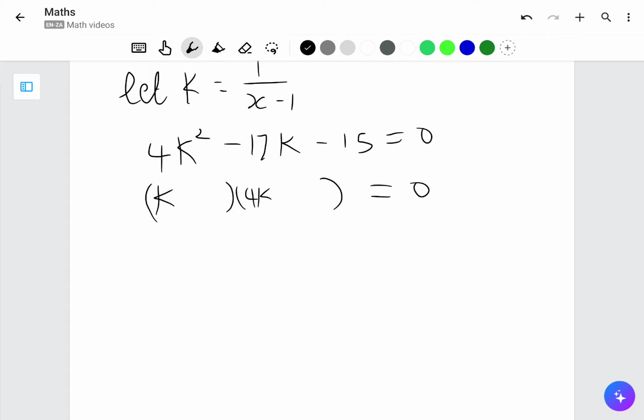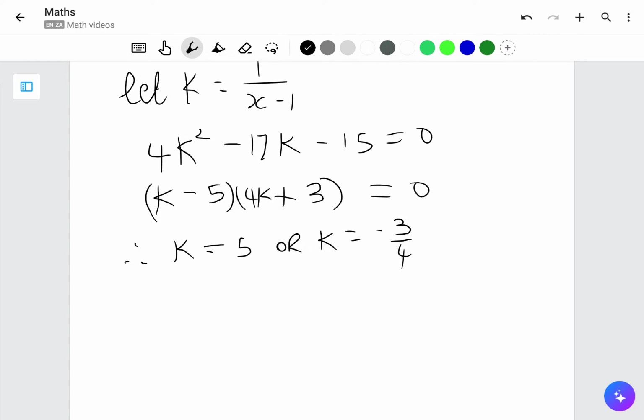Then we're going to have 5 and 3, which gives us our 15, and we get our 17 from minus 5 plus 3. So what does that leave me with? We now know that k equals positive 5 or k equals negative 3/4.